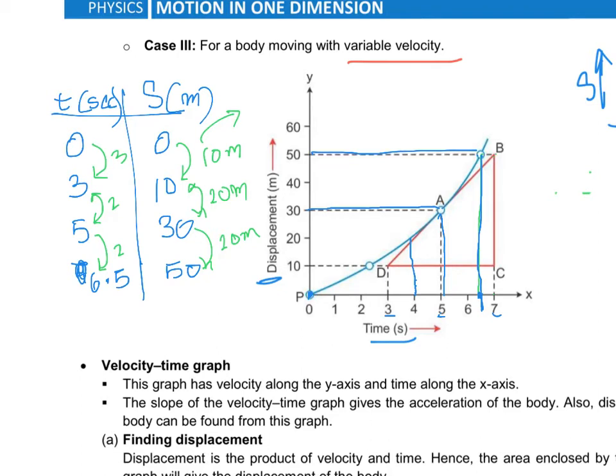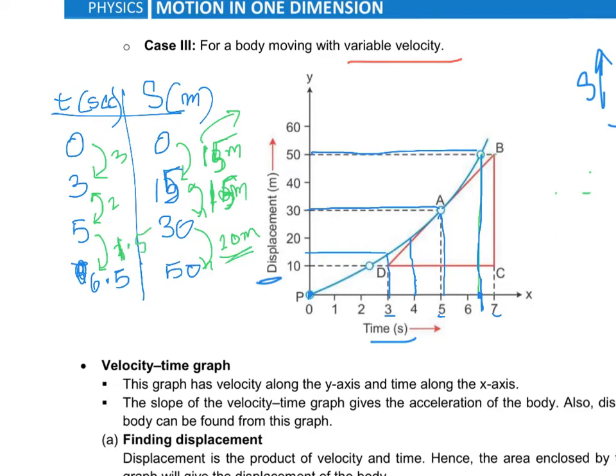And for 3 seconds, maybe we have not got 10, we have got 15, so this may be 15. So for 0 to 3 seconds, this is a 15 meter change. For the next 2 seconds, this is a 15 meter change. For the last 1.5 seconds, this is a 20 meter change.